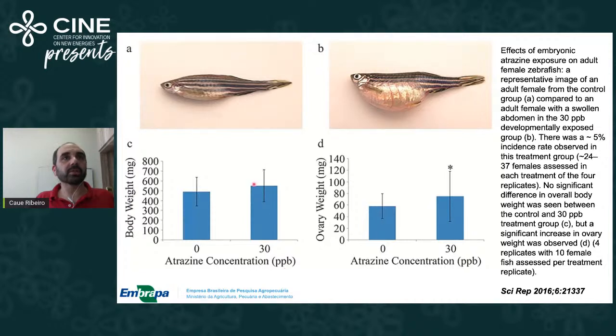The influence of this atrazine on the body weight of fishes and on the ovary weight of fishes.